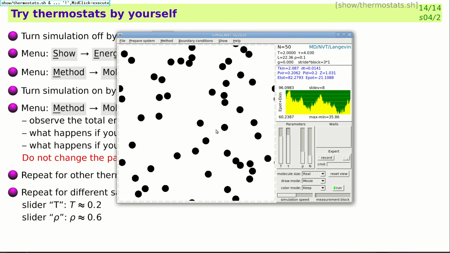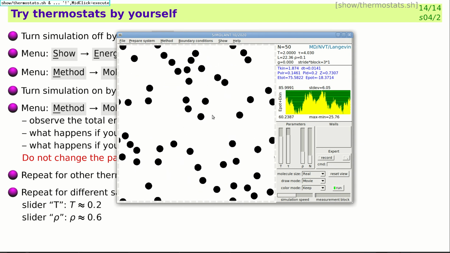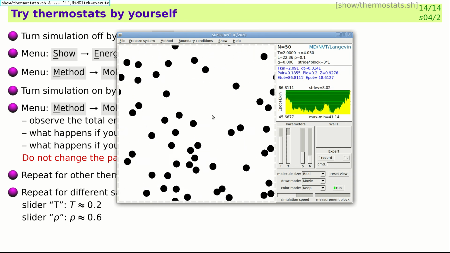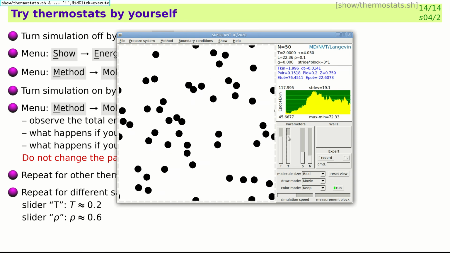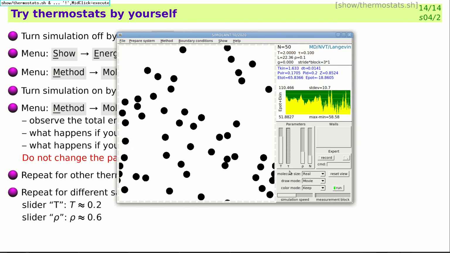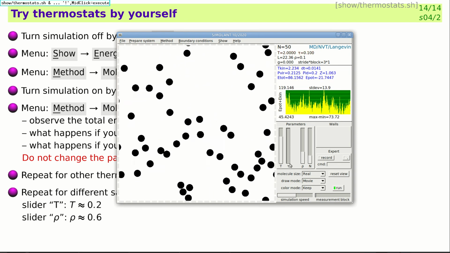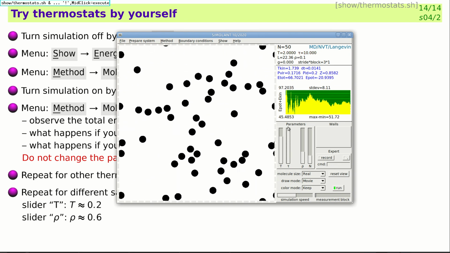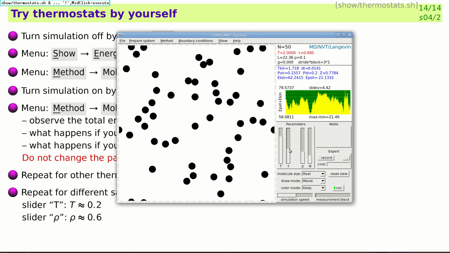We can see that molecules do not move along straight lines, but are affected by random forces, and together it gives a thermostat. Again, with a short time, it does something. With a long correlation time, it looks more like dynamics.